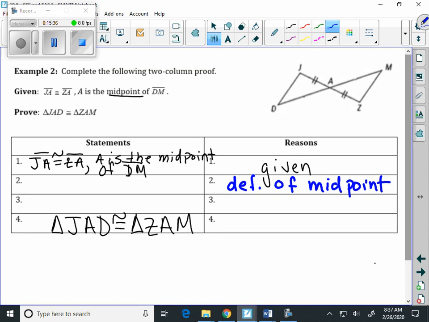Other thing to recognize on this particular problem is that this is a bow tie picture, and it almost looks like a bow tie here. Whenever we have a bow tie set of triangles, part of that is that there's vertical angles back in this problem somewhere.